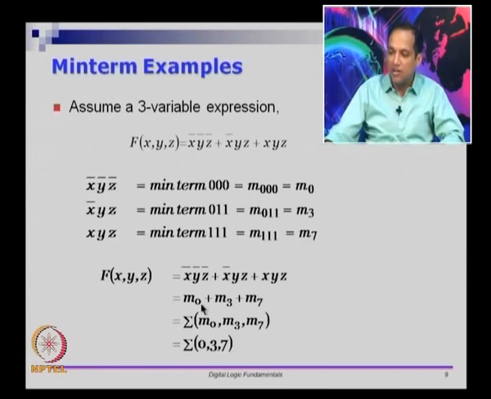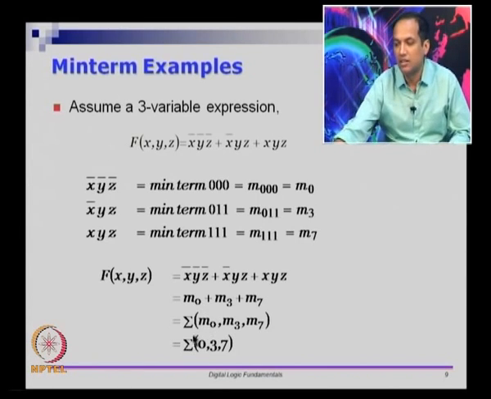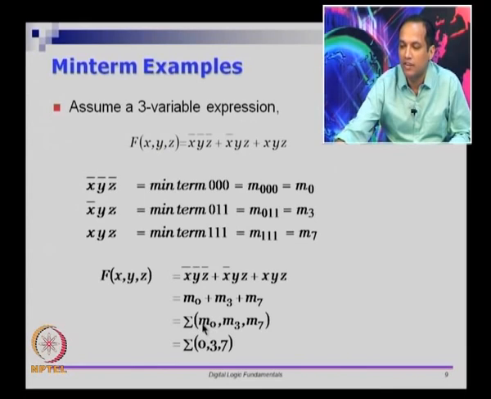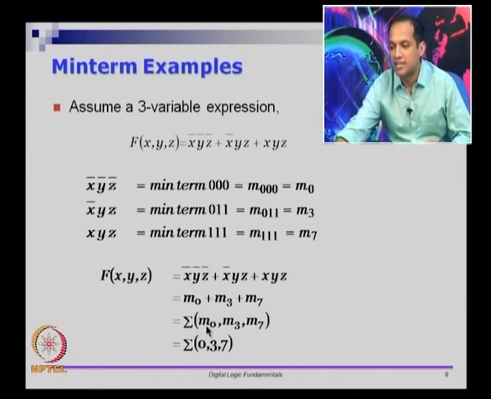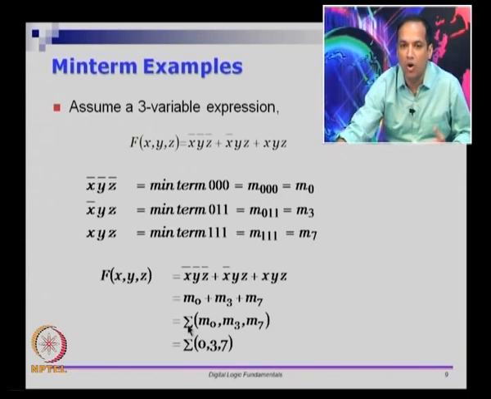We know that for regular algebra, whenever we have sum of different things we can put a sigma outside. So, sigma of m naught comma m3 comma m7. So, you can see that it is a comma separating these three. You can think of it as a set of terms m naught, m3 and m7, and you have to logically OR those things. That is what the sigma implies.